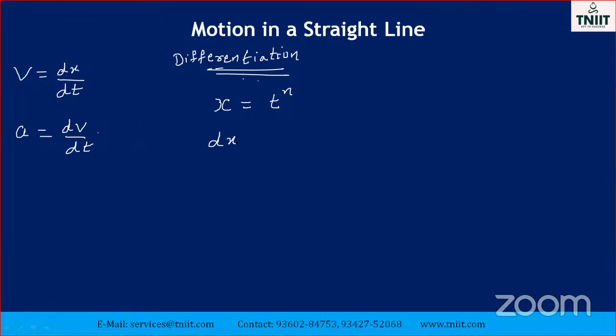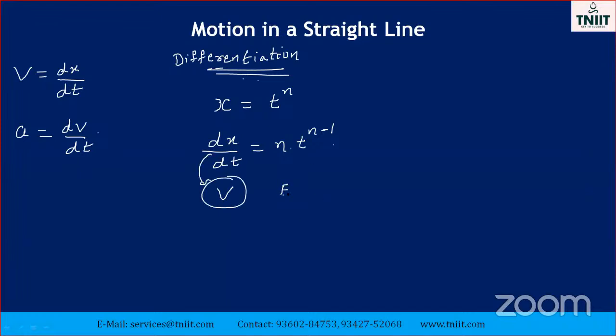That is differentiation of x with respect to time. With respect to time, we are differentiating. So dx by dt is nothing but n times t power n minus 1. This is dx by dt. You know that dx by dt is nothing but the velocity.